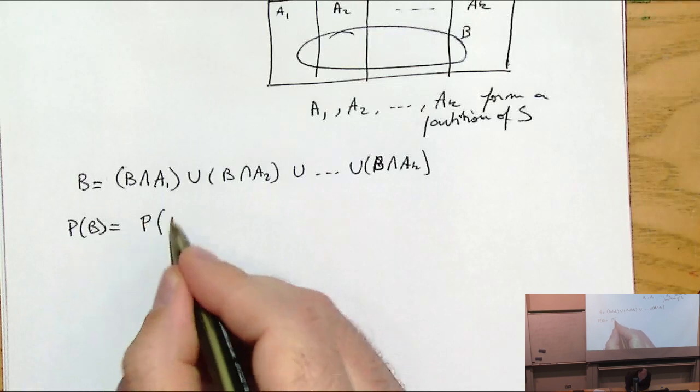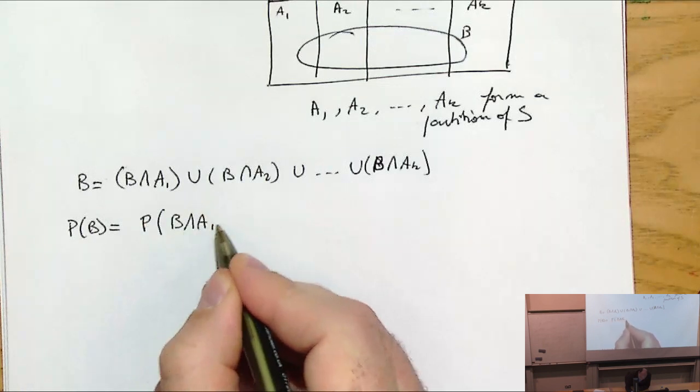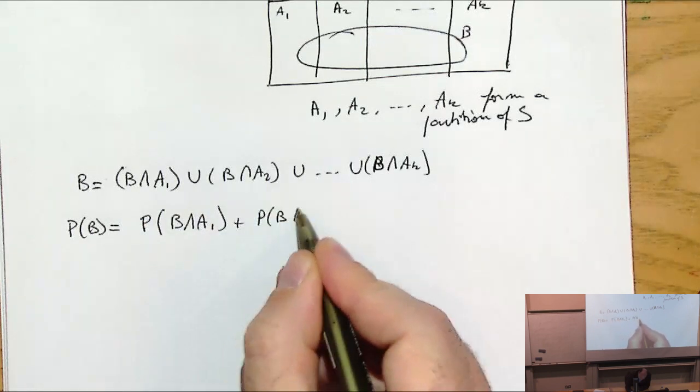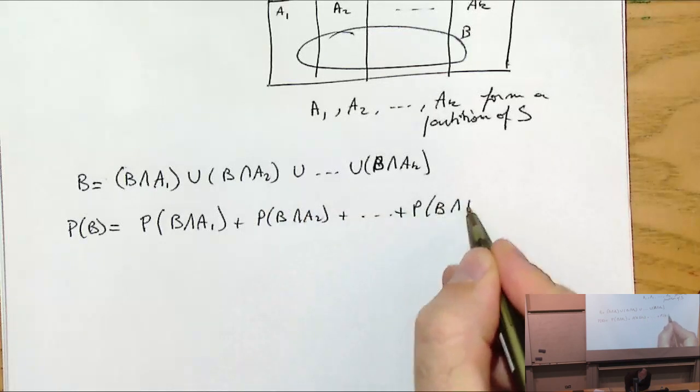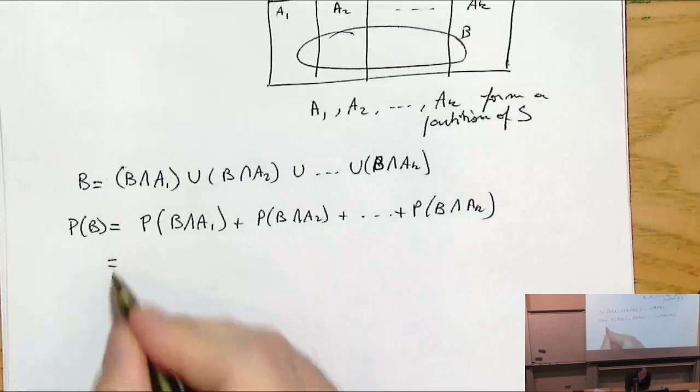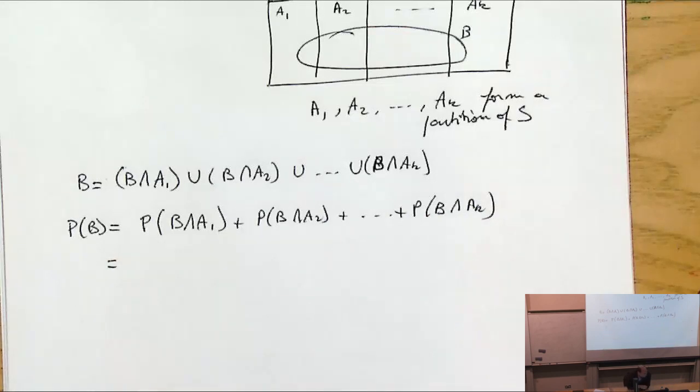And I can say this is the probability of B intersection A1 plus the probability of B intersection A2, all the way to the probability of B intersection AK. And I can write this using the multiplicative law.